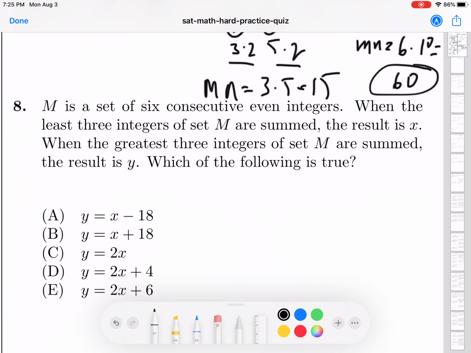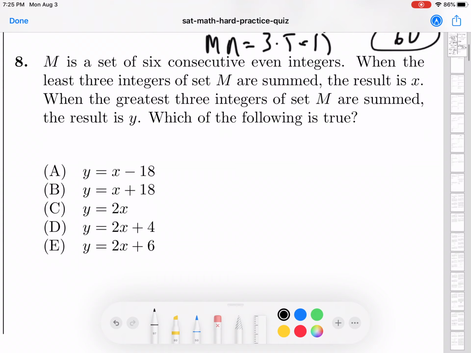M is a set of 6 consecutive even integers. When the least 3 integers of set m are summed, the result is x. When the greatest 3 integers of set m are summed, the result is y. Which of the following is true? Okay, so let's just pick random numbers. 2, 4, 6, 8, 10, 12. These total to 12. These are 30. So this isn't true. That isn't true.